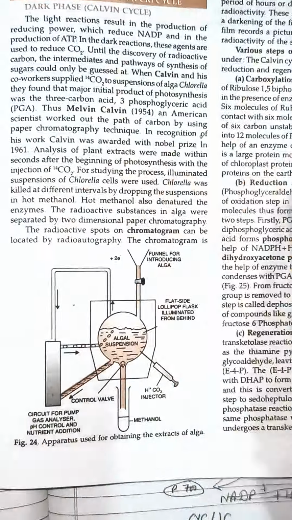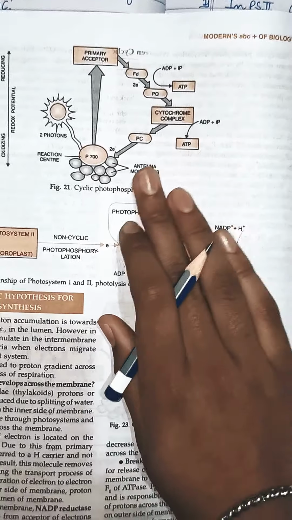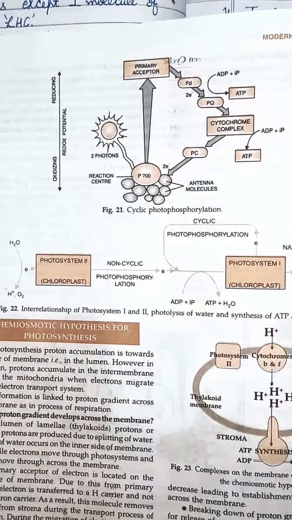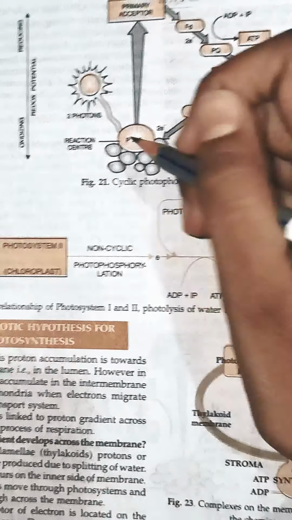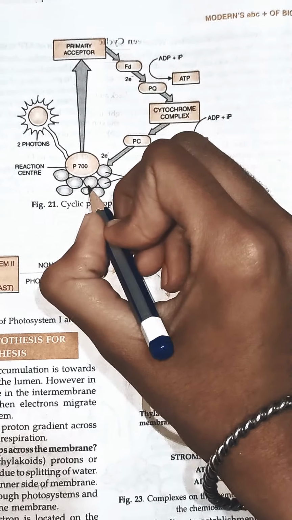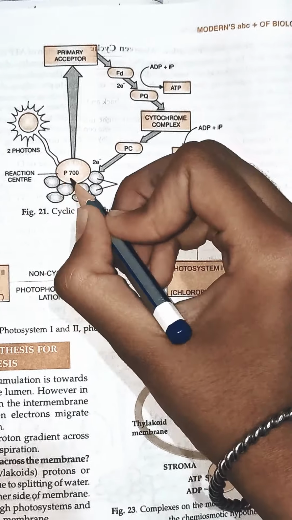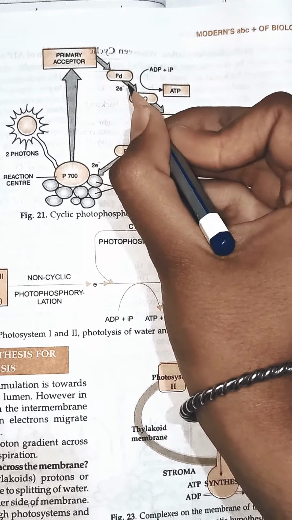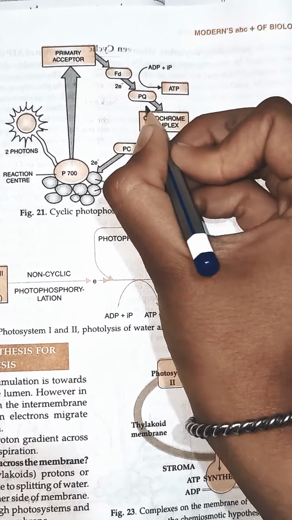Now we will study cyclic photophosphorylation, in which only photosystem 1 is involved. Here we see when light falls on photosystem 1, 2 photons are activated, which are accepted by the primary acceptor. It passes 2 electrons to FD and PQ.